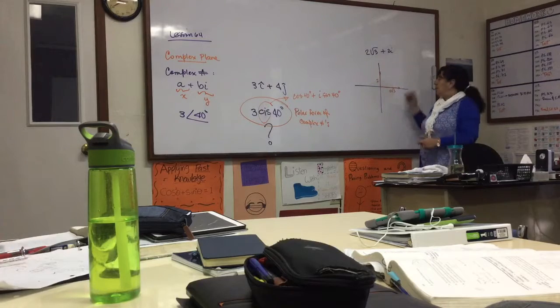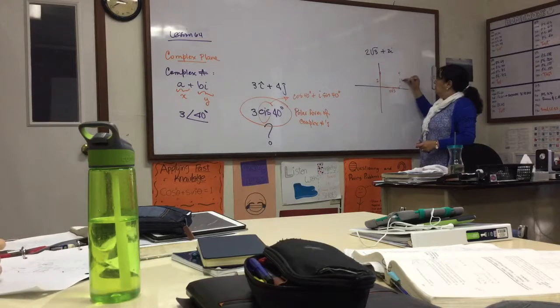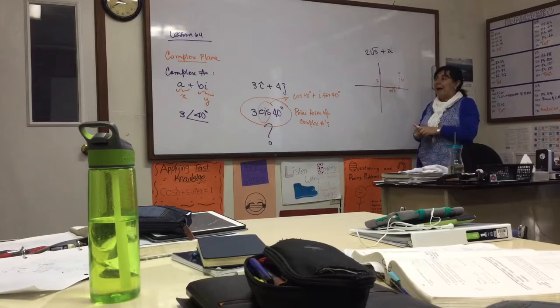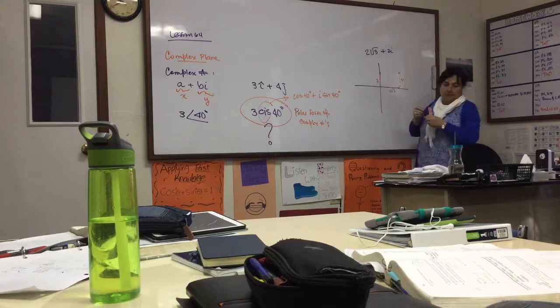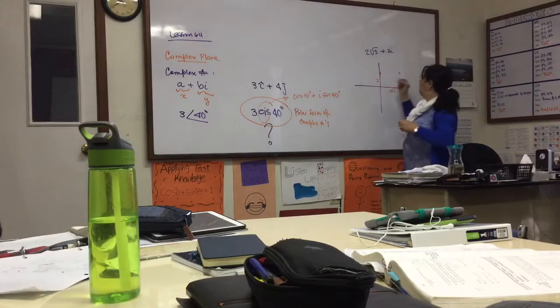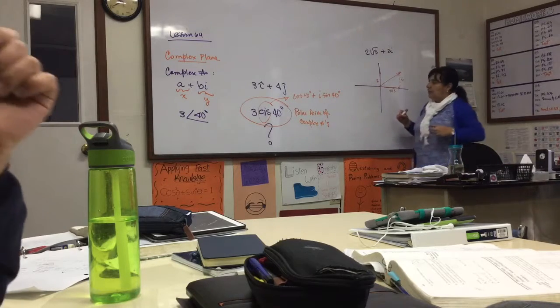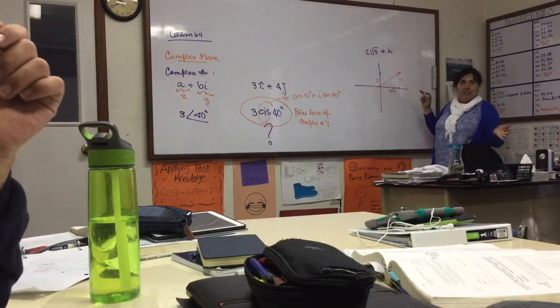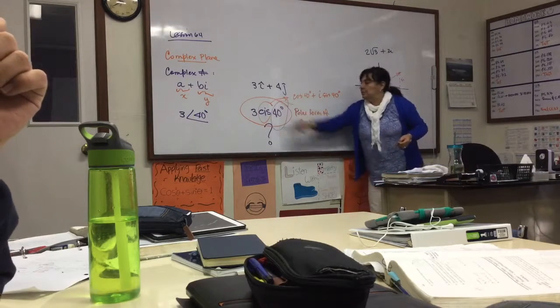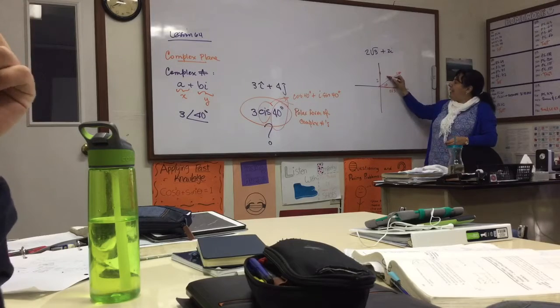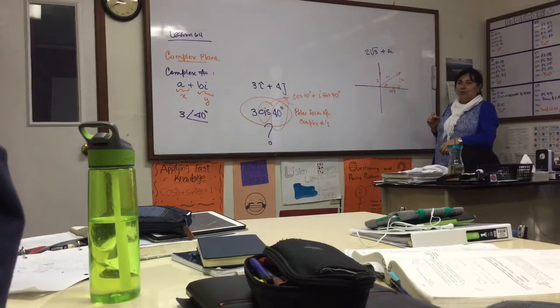So how do I find this one? You're going to look just like you did before for the angle, which would be this one, and the magnitude. So how do you go about it?